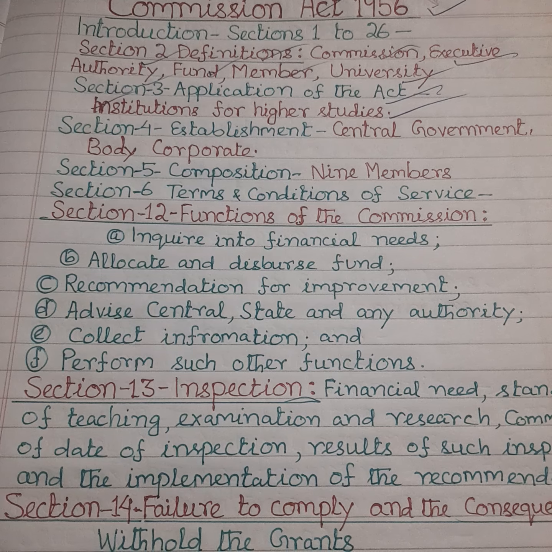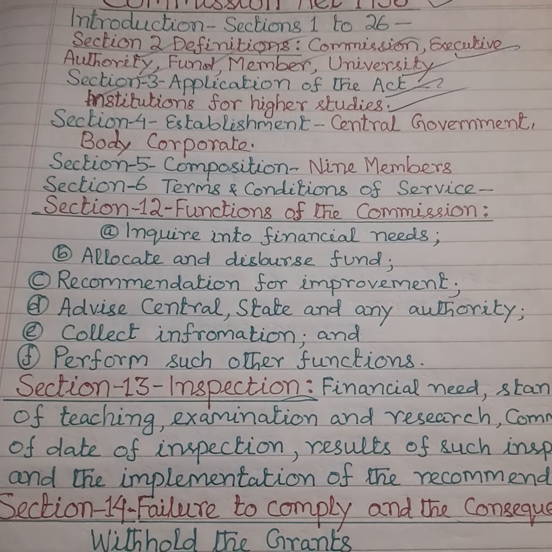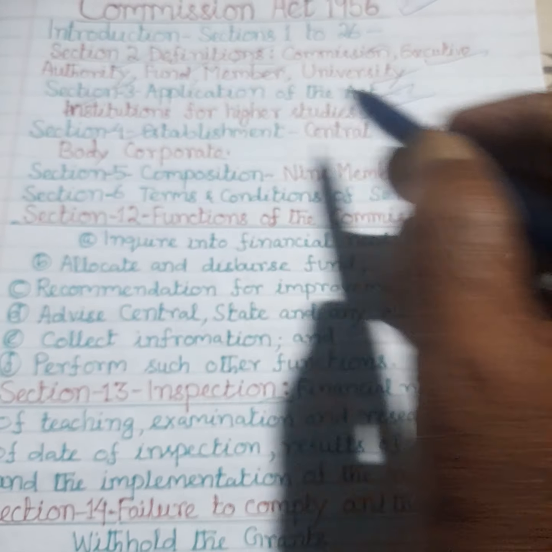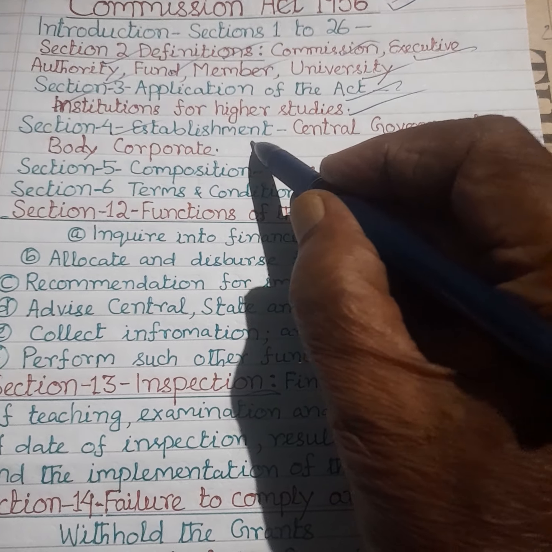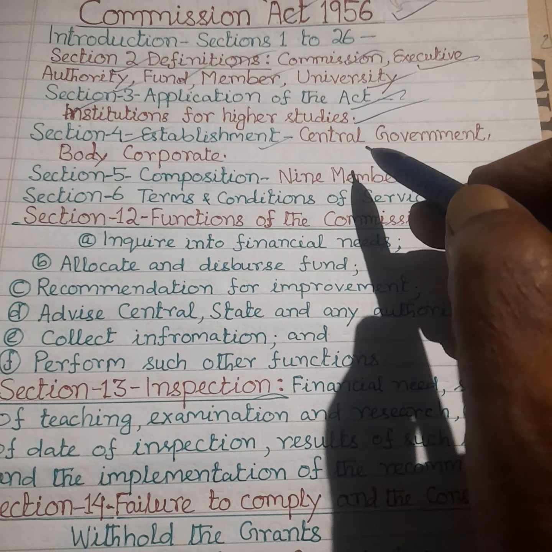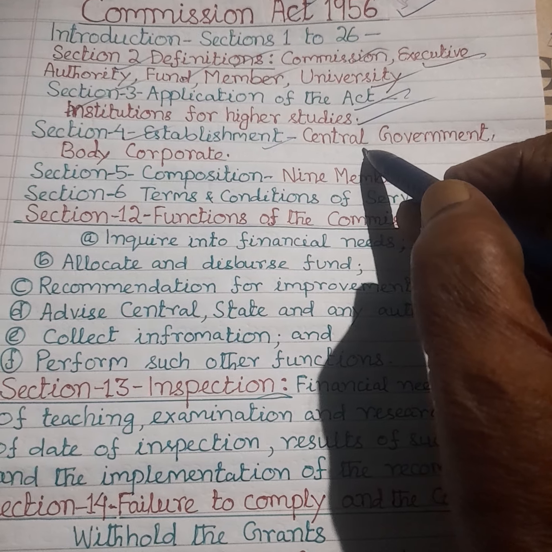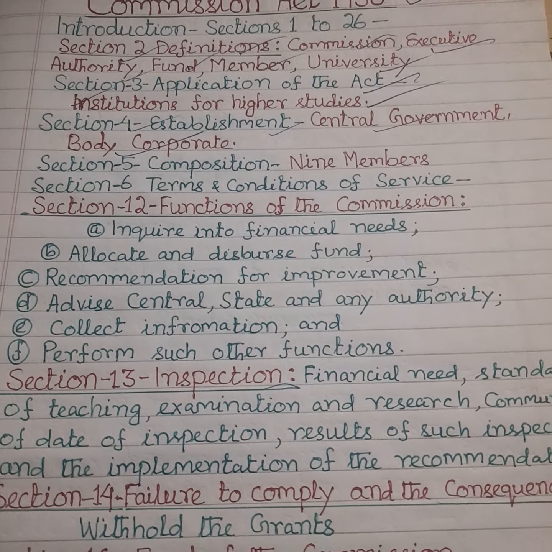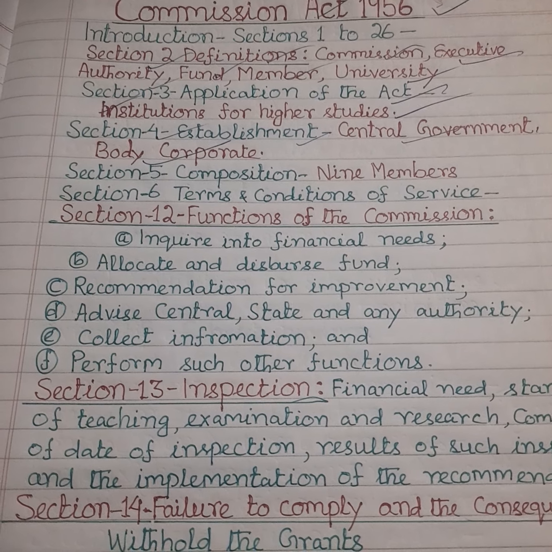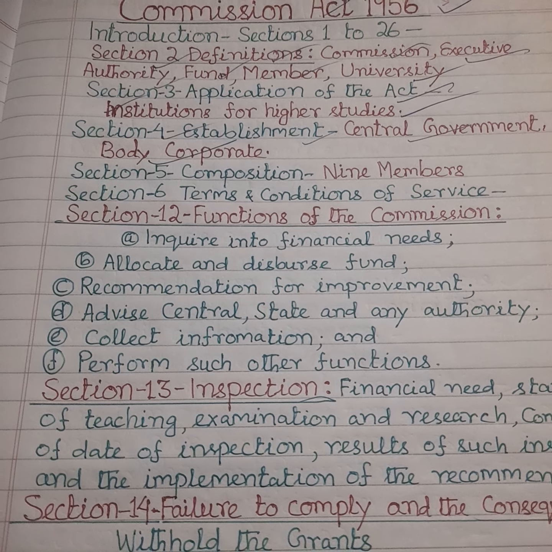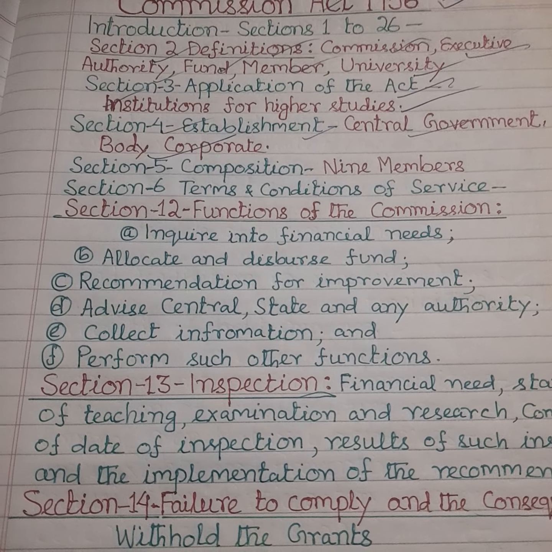to such institution as if it were a university within the definition and meaning of clause (f) of Section 2, which defines what is a university. Section 4 of the Act deals with establishment of the University Grants Commission by the central government, and it functions as a body corporate. The establishment of the University Grants Commission is made by notification in the official gazette.